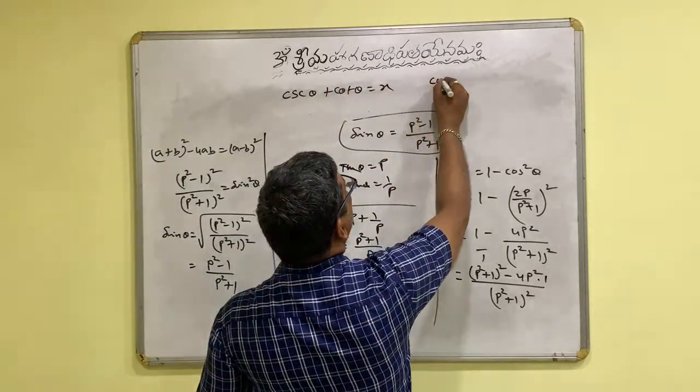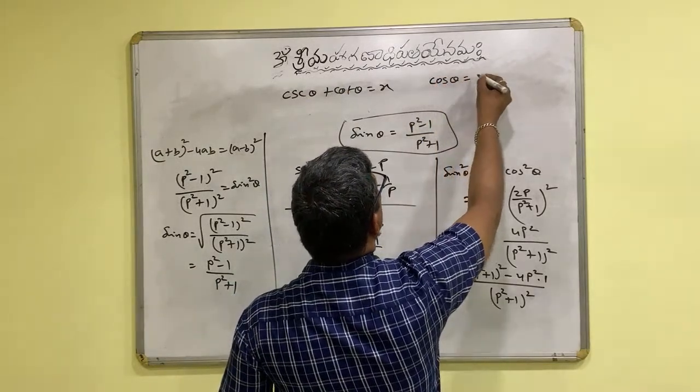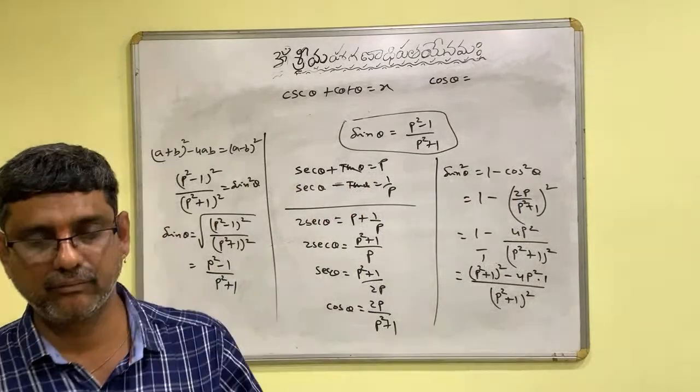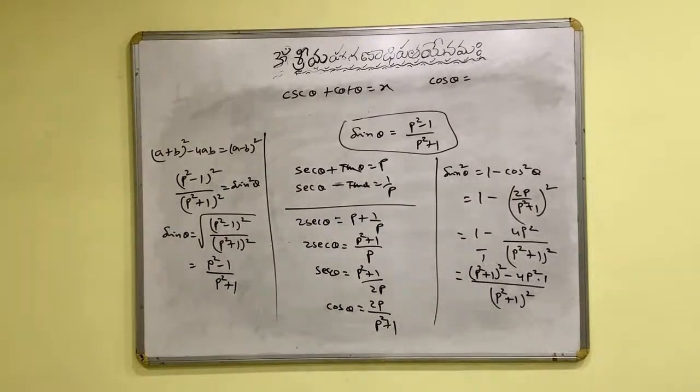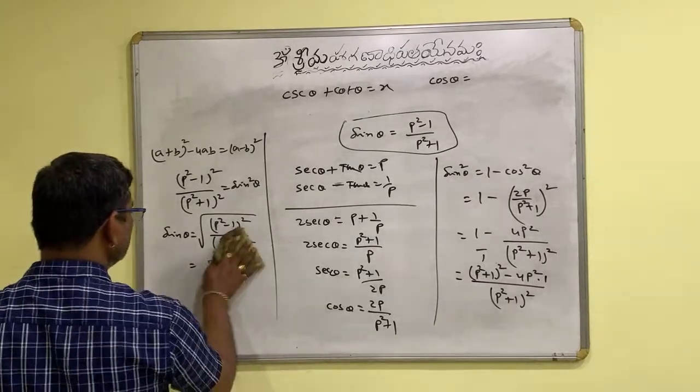Then find the cos theta value. This is your question. Let me see how many of you have the zeal to do this sum. I will see who tries it wholeheartedly. Cosecant theta plus cot theta is equal to x, and you need to find out the cos theta value. Okay, children? Note down that question.